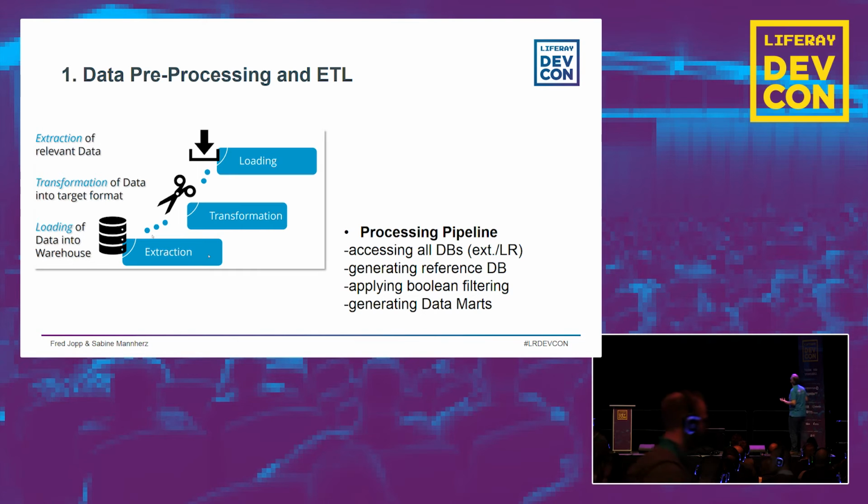Then we apply some Boolean filtering to match everything necessary that you want to do your recommendations on, and what that finally yields is something like a data mart, which is only one chunk of data from the whole databases.